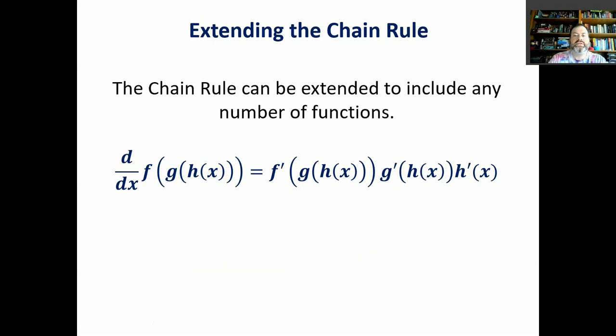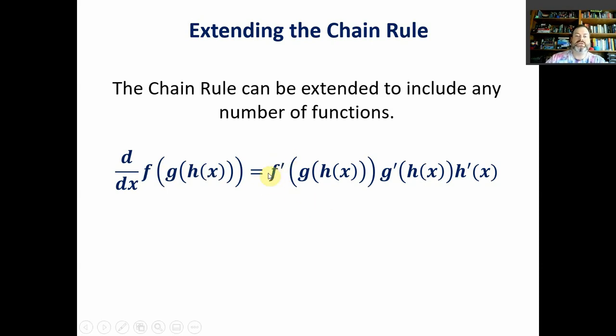Also, we can extend the chain rule to include any number of functions. This doesn't come up a ton, but it does come up in physics, biology, chemistry, economics. No matter where you go, if you're taking more advanced math, you will see this. So here we have f of g of h of x. So it's a chain rule inside a chain rule.